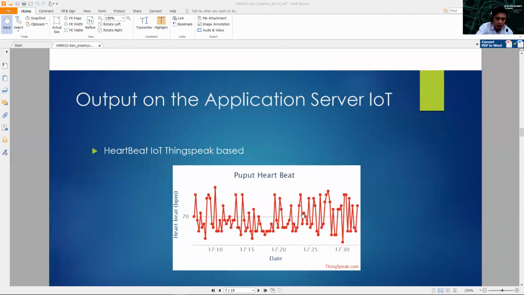And this is the output heartbeat. This is from our heartbeat, sending the data to the ThingSpeak application server, IoT real time.